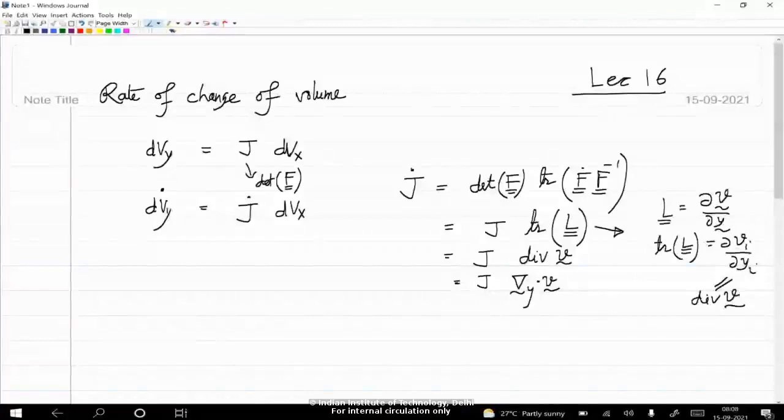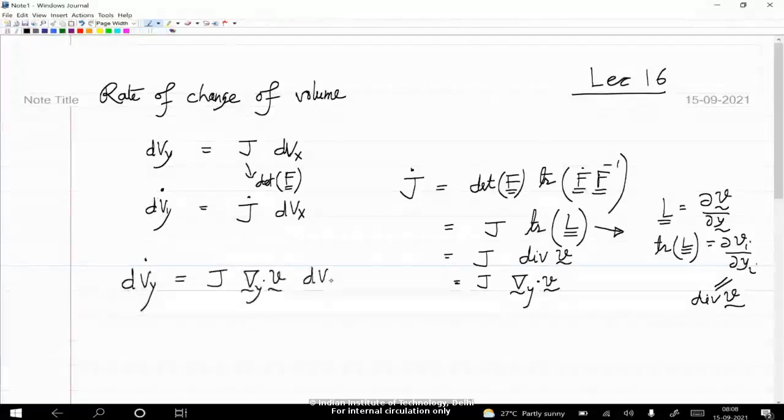Okay. So that means we have already this formula, and we can say then that dvy dot is equal to J times divergence of velocity into dvx. So that's our relationship.